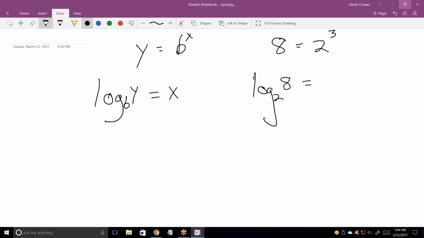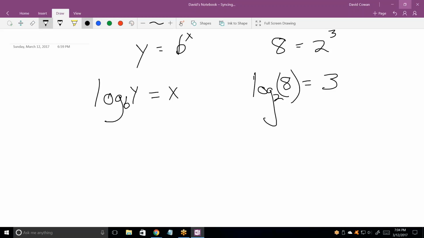At least that's the way I do it. I don't know if all teachers do it that way, but to me it's log base something of, and I call this the argument. But the main thing is logs are exponents.